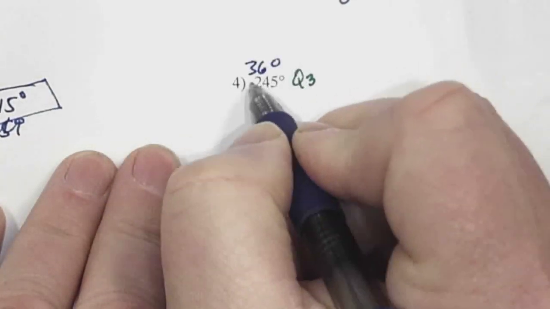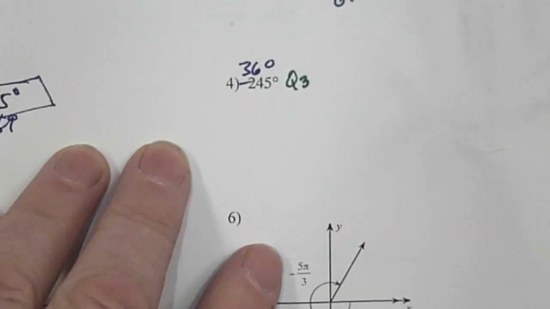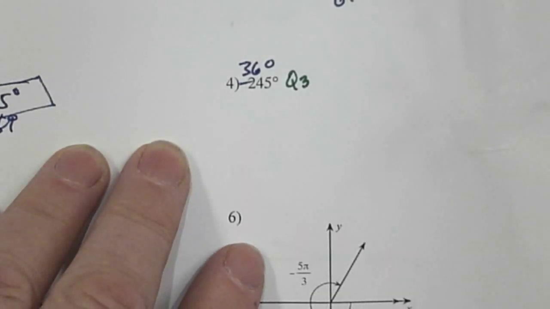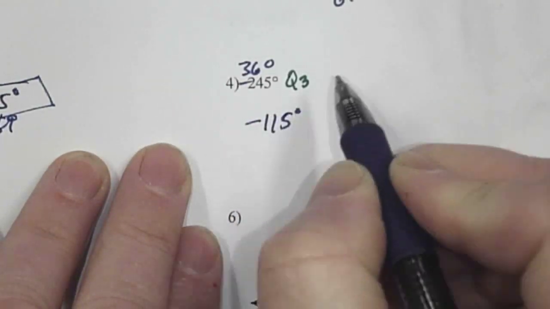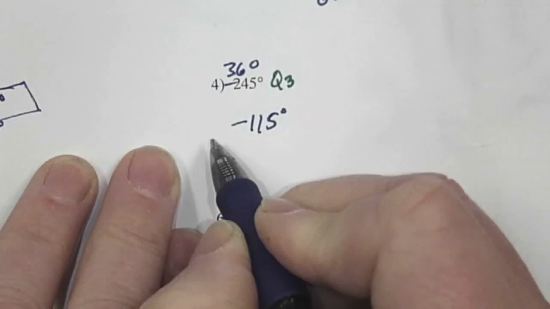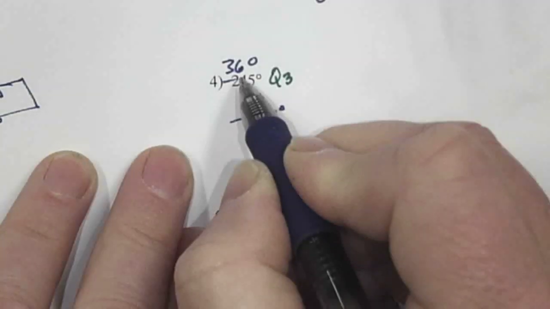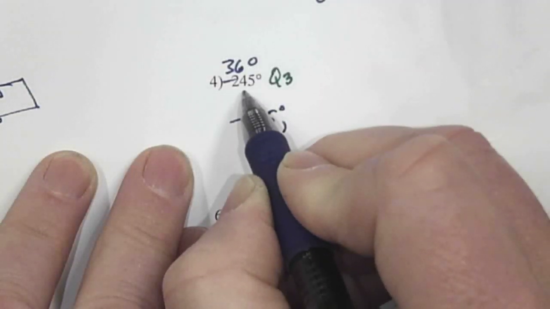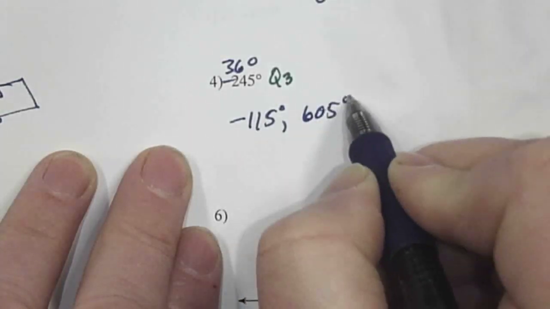So we're going to take 360 minus that, 245. I'm just going to cheat here. Oops. 115. So a negative 115 coming from the negative side, 115, plus the 245, that's 360. Now let's add 360 to 245, and we get 605.